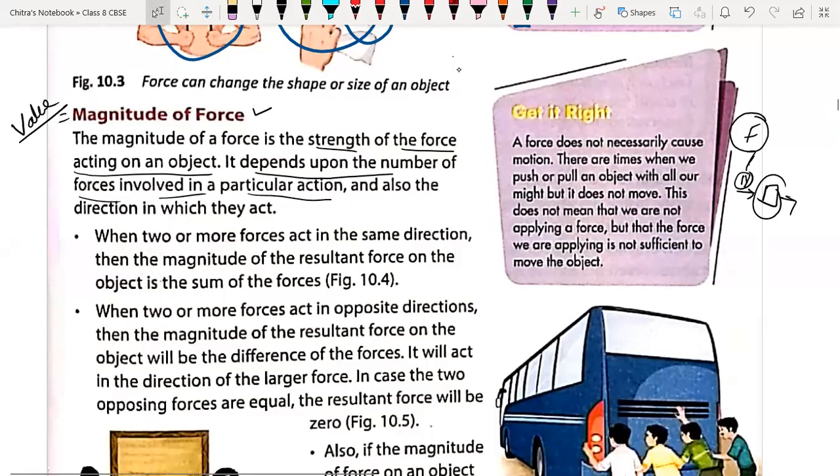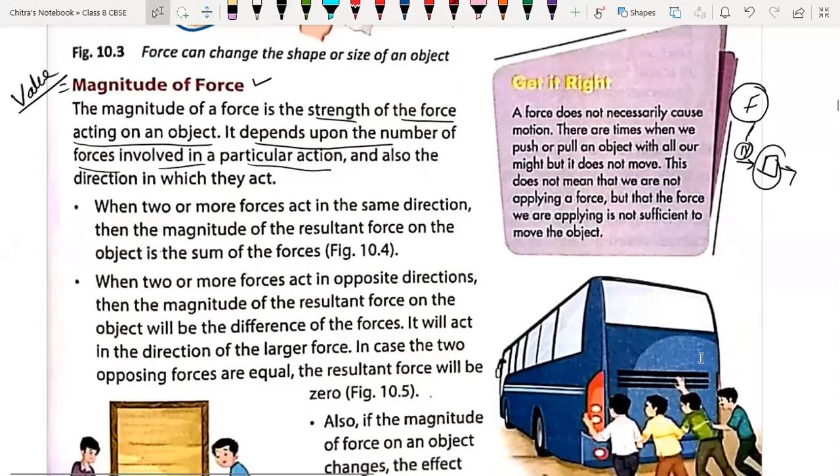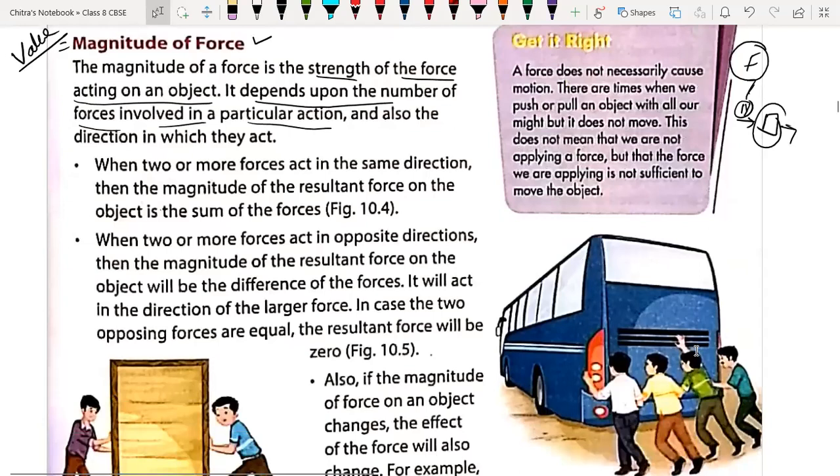As you can see in the diagram, people push the bus. If only one person pushes that bus, there will be less force, but if two persons push, there will be more force. If three persons push, again more force. So as the number of people increases, the magnitude of force will also increase.